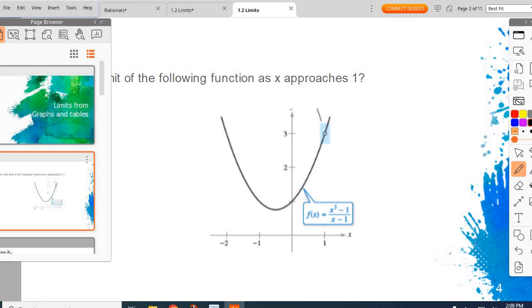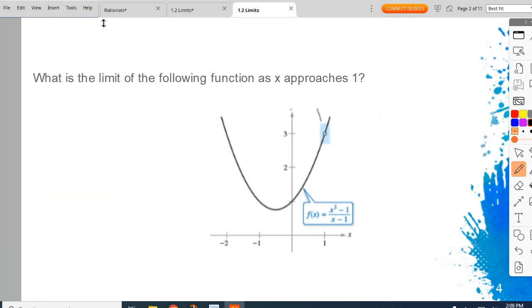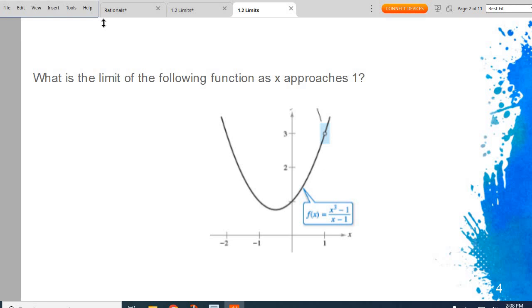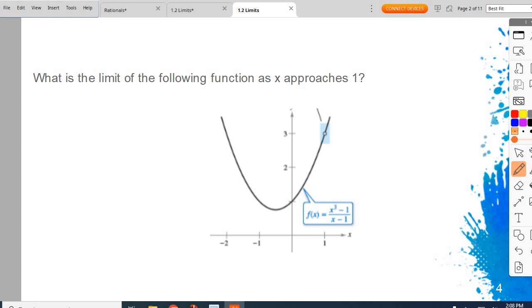So we are looking at what is the limit of the following function as x approaches 1. For us, when we are looking at a limit, your x value is going to be approaching some number. In this case, it is 1.